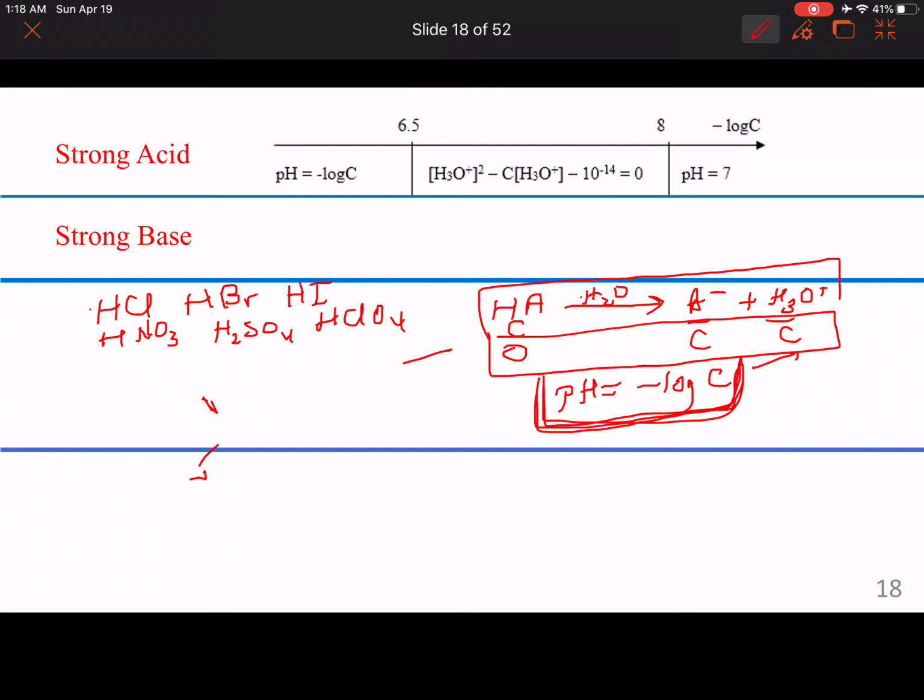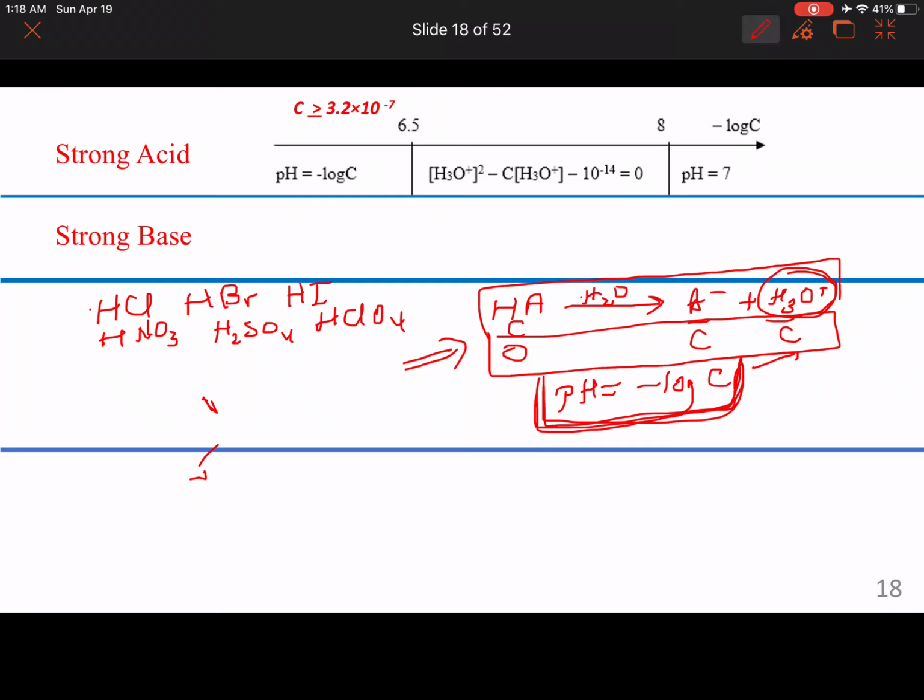But when is this the governing equation? When is this equation determining the concentration of H3O plus in solution? This equation takes over, let's say, the other equation, which is water autoionization of water, when the concentration of the acid is greater than 3.2 times 10 to the minus 7.